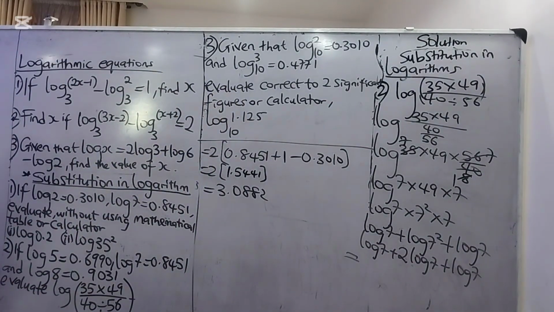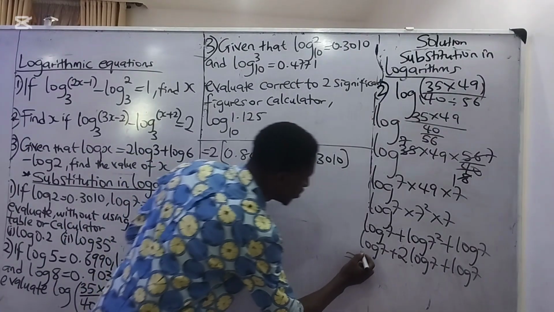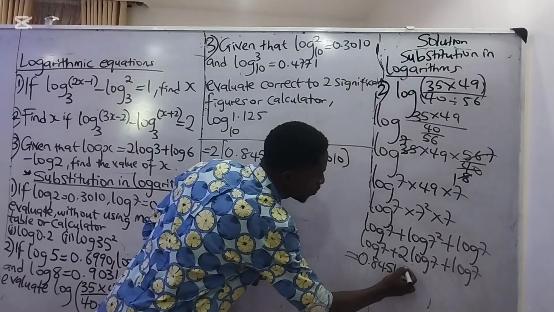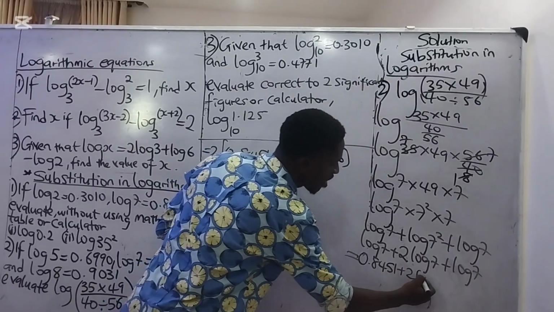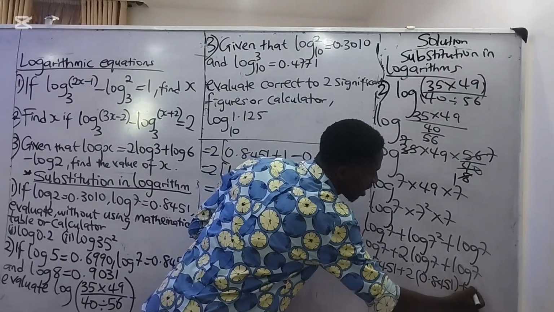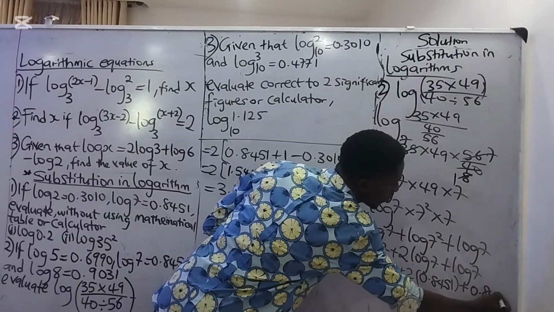Log 7 is giving us 0.8451. So log 7, I replace it with 0.8451 plus 2 brackets log 7, 0.8451 plus log 7, 0.8451.